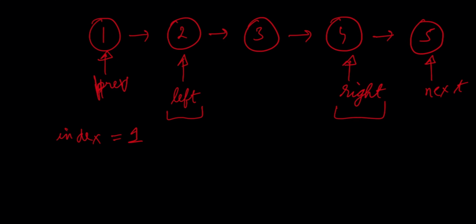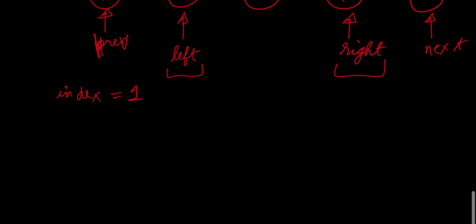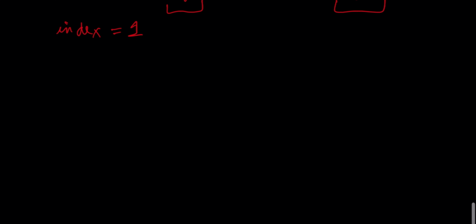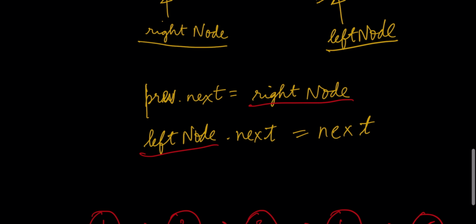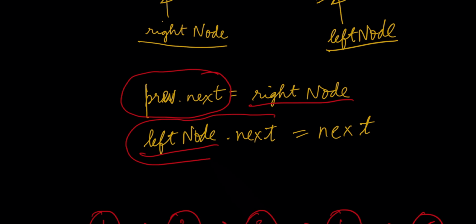So this was just a simple example for this problem. Let's have a look at another example. But before moving on to the next example, let's think about a few things. Here I updated previous.next, and here I updated left.next.